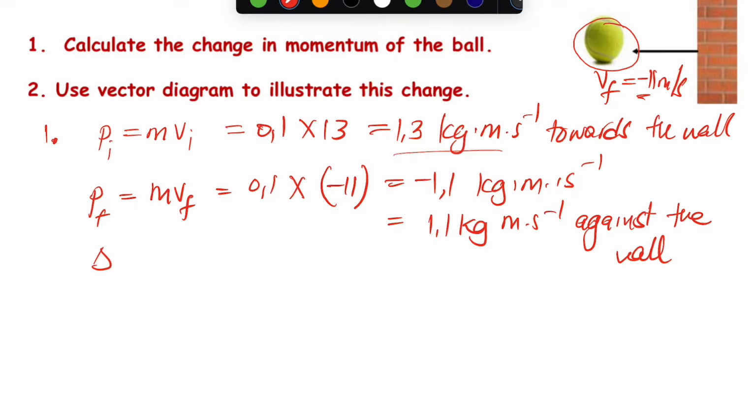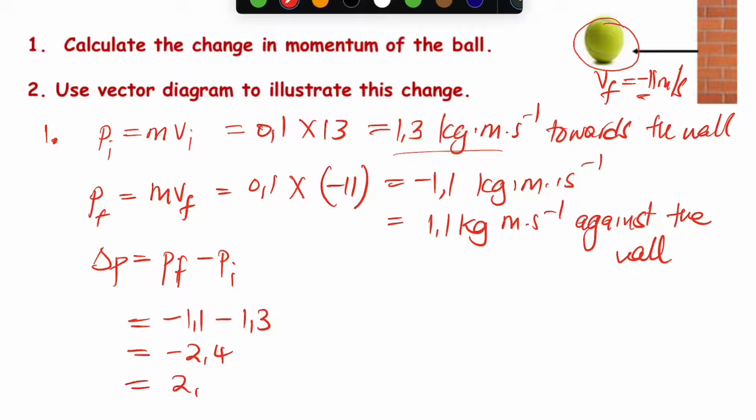Change in momentum, it will be momentum final minus momentum initial, and then the momentum final is the negative 1.1 minus the momentum initial, it's positive 1.3, and then the answer here is negative 2.4, and the 2.4 is 2.4 kg meter per second.